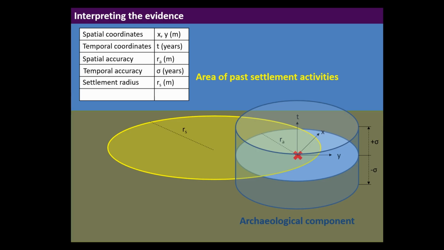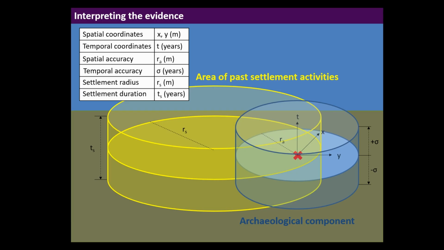We know that this settlement had some radius. I'm just going to use the word settlement, not area of settlement activities. It's easier. So it has some radius, so it's an area in space, but the settlement also had some duration. We don't assume that the settlement lasted for 1 year, and that evidence can come from any time and any place in that settlement.